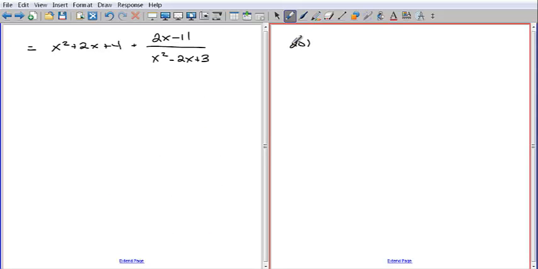So the next group of problems says just use synthetic division. So the thing we're dividing by is x plus 3.